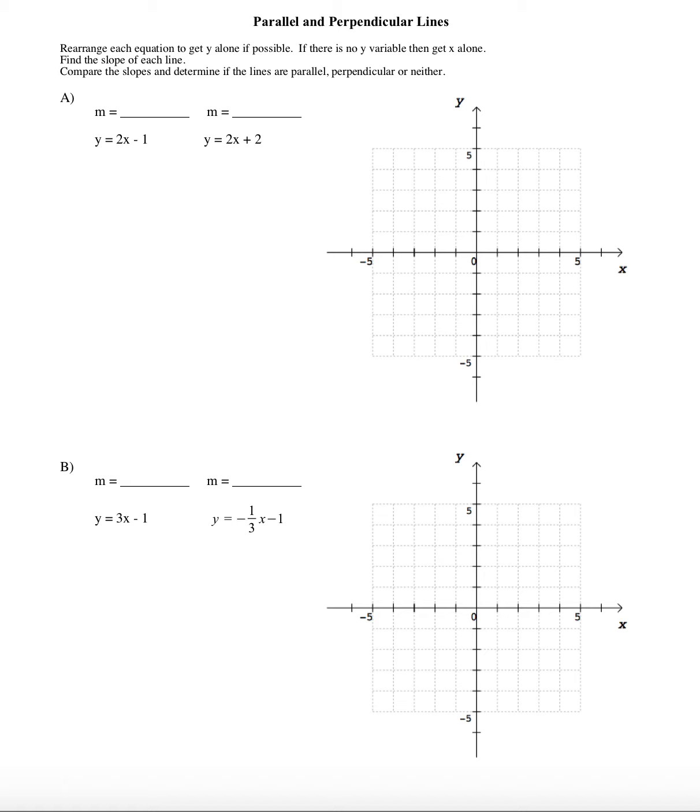All right, let's try it. This question says, can you find the slope of each line and then determine if the lines are truly parallel, perpendicular, or neither? So we see here that the m of this line is 2, and that is the slope. The m of this line is also 2. So they have the same slope.